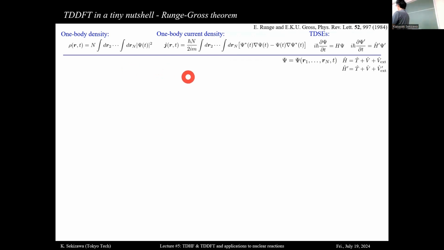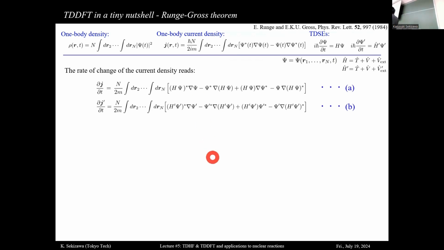So now I just take a time derivative of this one-body current density J. Then you can take a time derivative of psi star, nabla psi, and psi and nabla psi star. And then you can use the TDSE to replace the time derivative with H psi divided by i h bar.